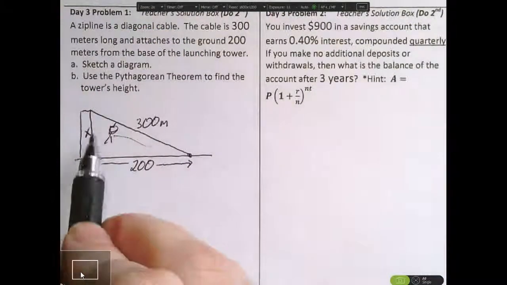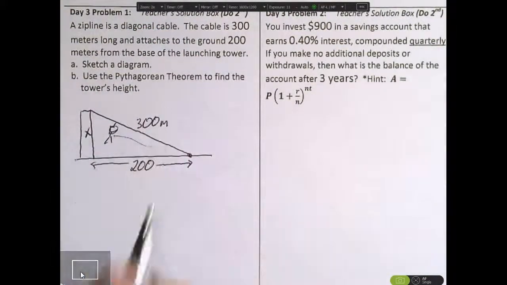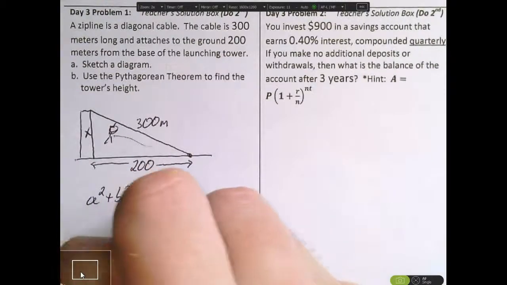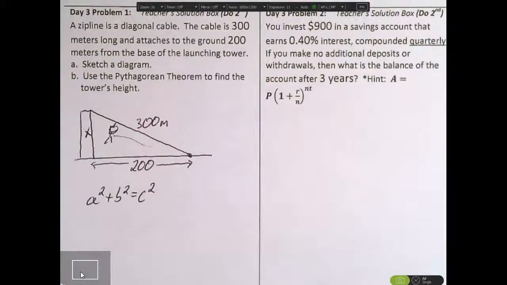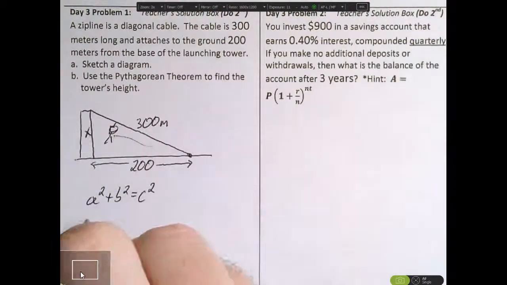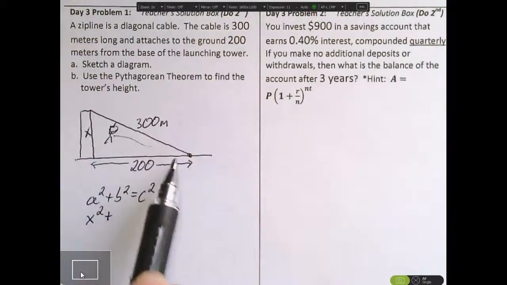So we have our good old right triangle problem where we can use the Pythagorean theorem to find the answer for this. So a squared plus b squared equals c squared. The shortest side of the triangle is the one that we called x, so we can fill that in for a. The other leg of the triangle is the b, the 200.